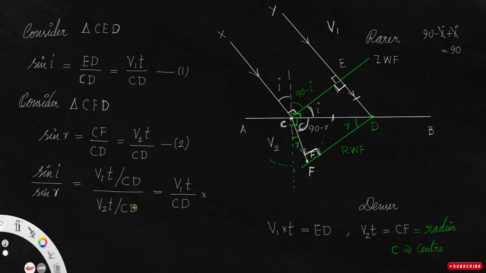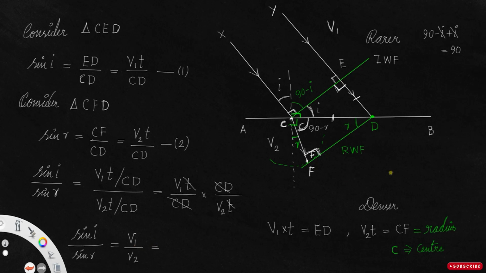You can reverse this, take the reciprocal and multiply CD into V2T. So cancel this CD, also this T. You will get sin I divided by sin R is equal to V1 by V2.